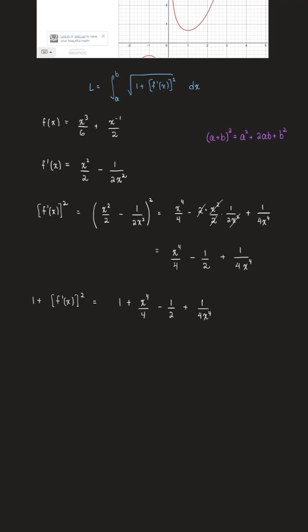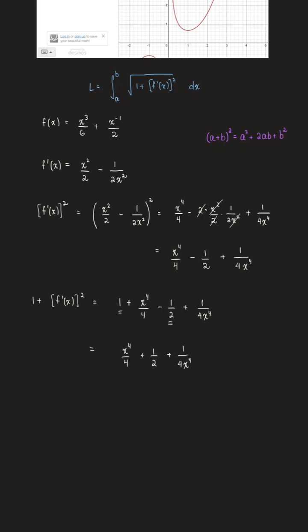And because I would like you to see some similarities between the expressions, I'm going to combine this 1 and minus 1/2, which gives us a positive 1/2, but I will leave it in the middle of the 3 terms. So we'll have x to the 4 over 4 plus 1/2 now, plus 1 over 4x to the 4th power.